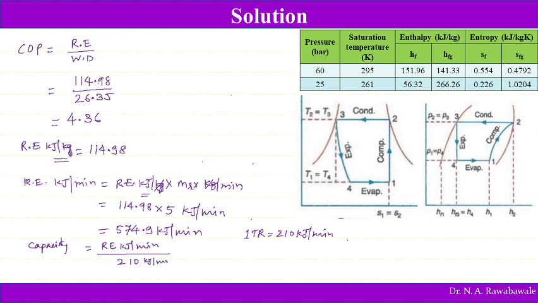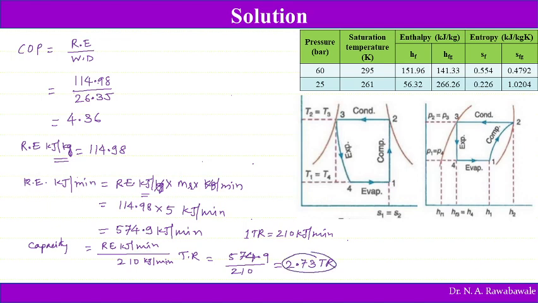So 574.9 divided by 210 is going to be 2.73 tons of refrigeration, which is the capacity.